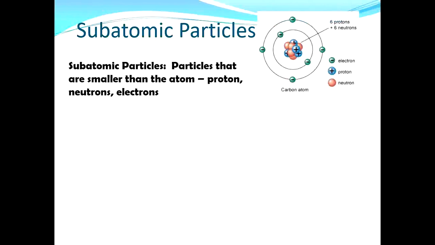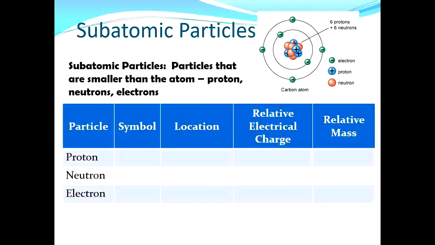So what are subatomic particles? Particles that are smaller than the atom. Those are protons, neutrons, and electrons. Protons, neutrons, and electrons are smaller than the atom. Remember, Rutherford discovered the proton with the gold foil experiment, and Thomson discovered the electrons with his cathode ray tube.